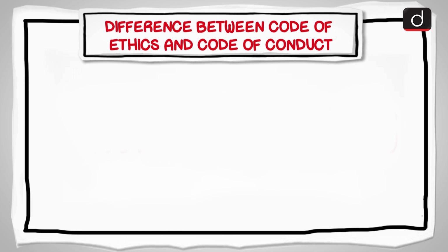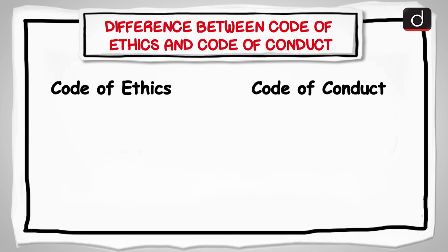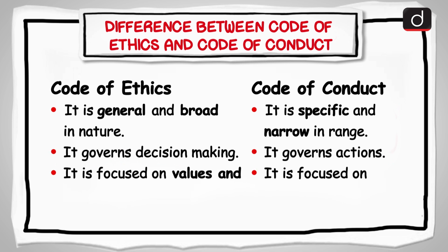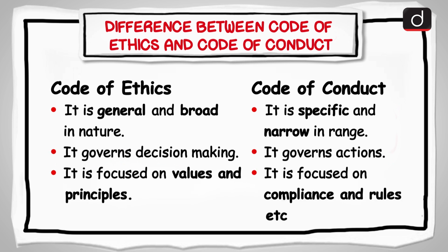Now, let's focus on the differences between Code of Ethics and Code of Conduct. To begin with, Code of Ethics is general and broad in nature, while Code of Conduct is specific and narrow in range. Code of Ethics governs decision making, whereas Code of Conduct governs actions.